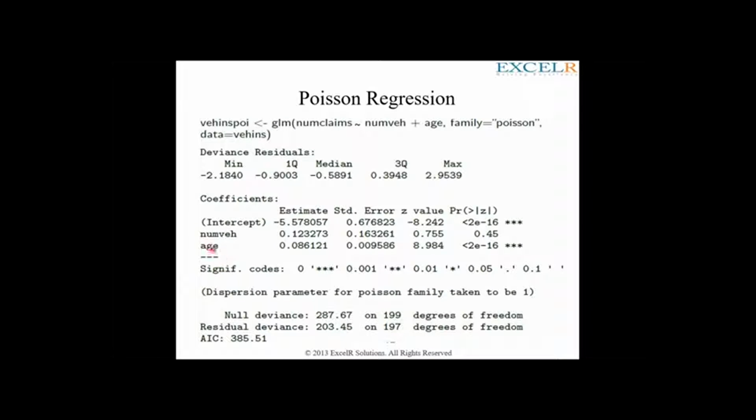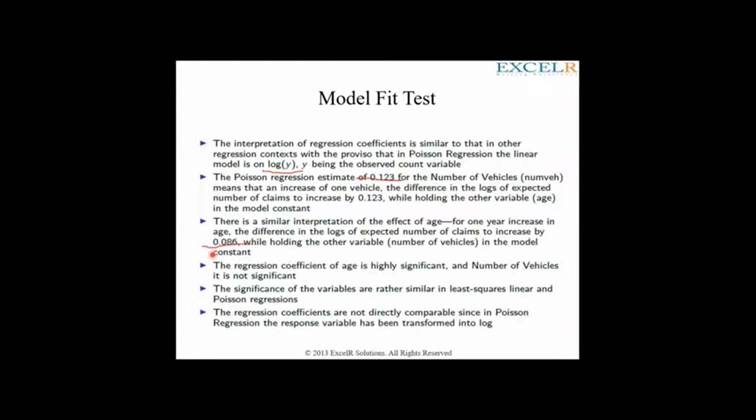If the number of vehicles increase from 1 to 2, that's a unit change, right? So for every unit change of your number of vehicles or age, your outcome, which is log of number of claims, would get increased by 0.123 times for your number of vehicles and 0.086 for every unit increase in your age. That is exactly what is mentioned here.